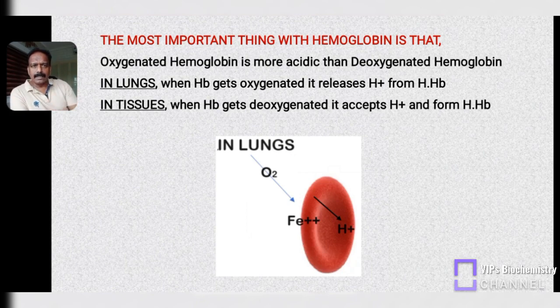In lungs, when it accepts oxygen, the HHB releases H+, and this H+ is accepted by bicarbonate ion, which we will see in a moment. But in tissues, it gets deoxygenated. Because oxygen is unloaded from hemoglobin, when it gets deoxygenated, it accepts H+ and becomes HHB.